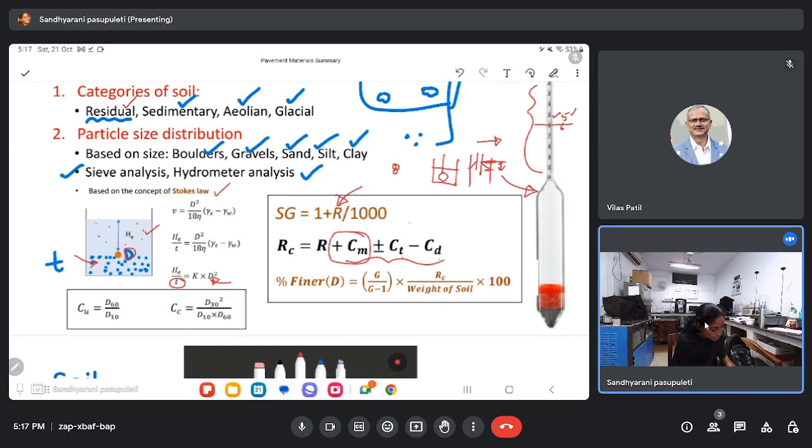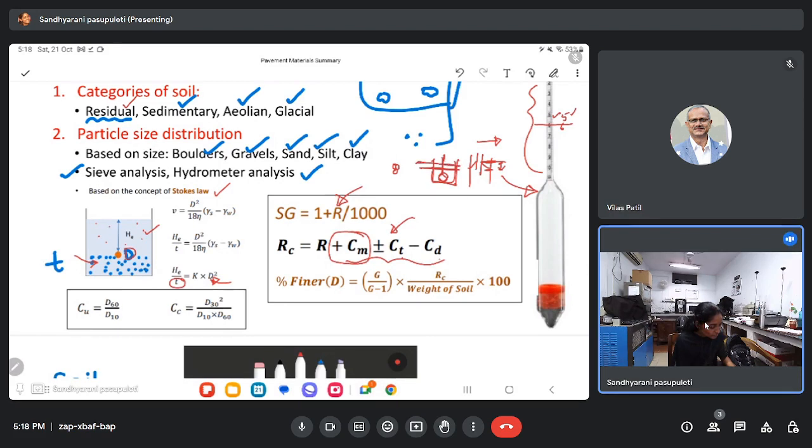In a similar way, if you look at the temperature, what happens? Whenever we increase the temperature, density would be reduced. Let us say I have inserted the hydrometer into the beaker. Now its position is here, this is the reading. If the density is less, that means the solution is very light. In that case, the hydrometer would be sinking more.